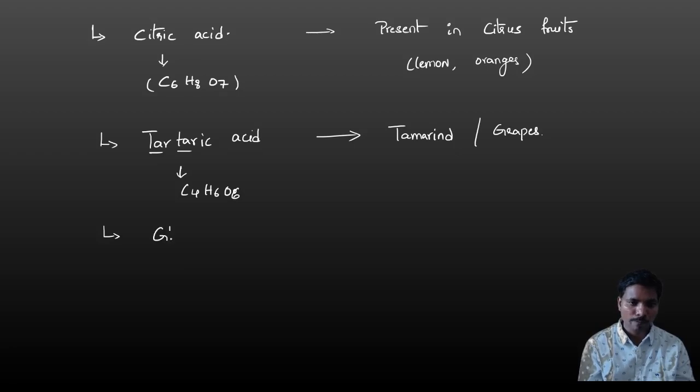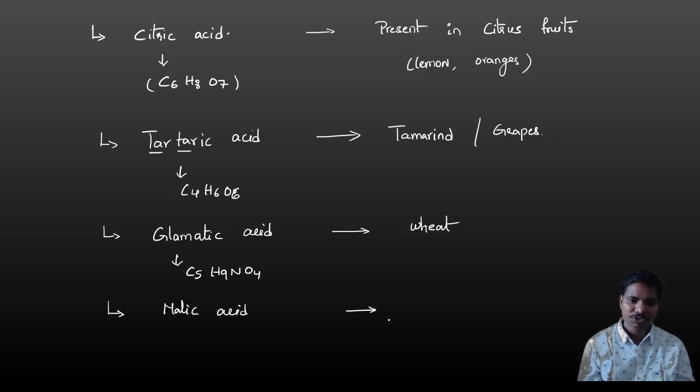Now coming to glutamic acid. Glutamic acid is present in wheat. Coming to the formula, C5H9NO4. Now coming to malic acid.